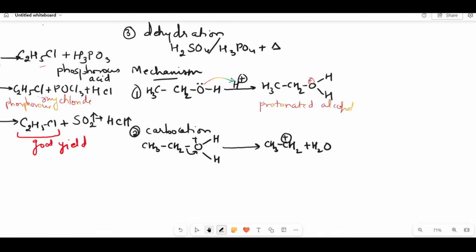The next, third step, that final step, there will be formation of alkene. Alkene is formed by alpha elimination.